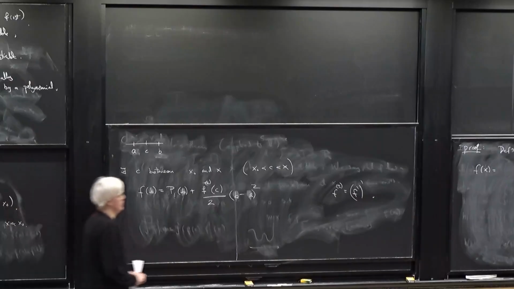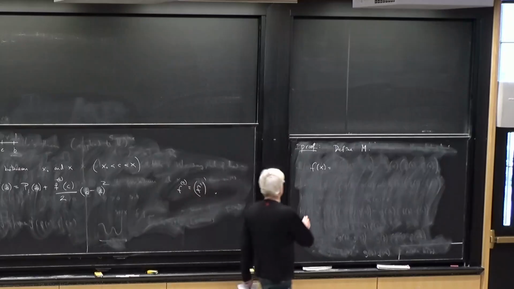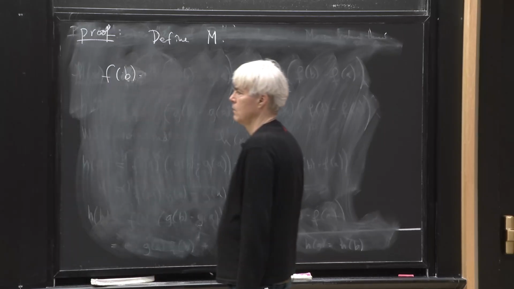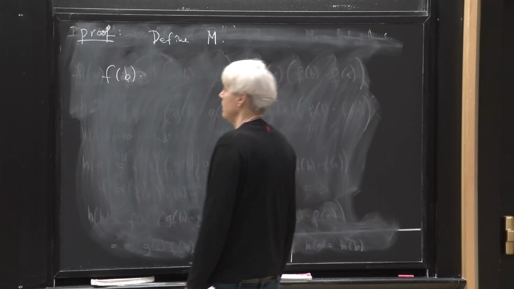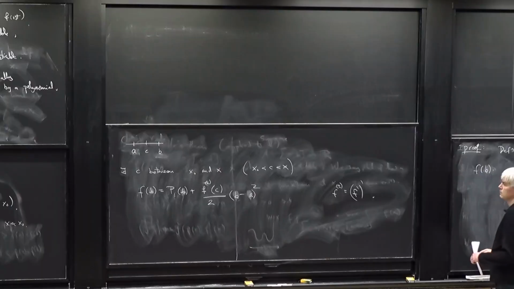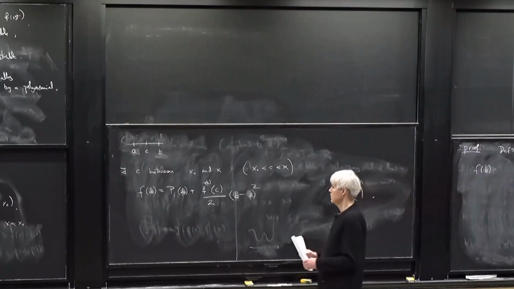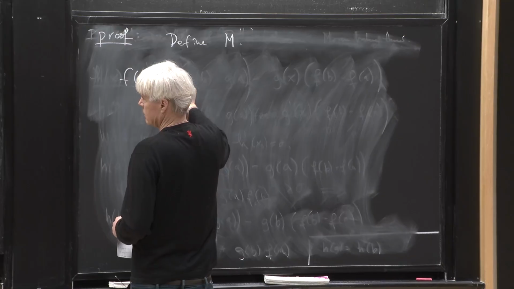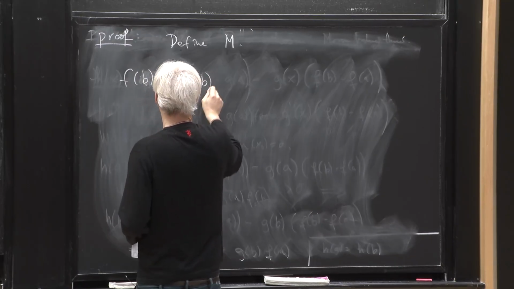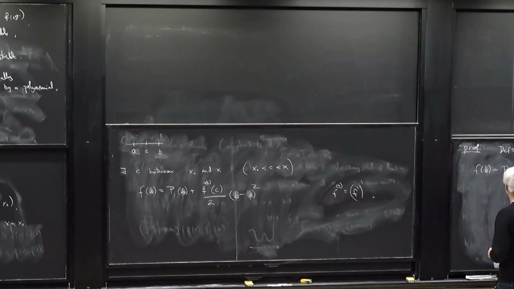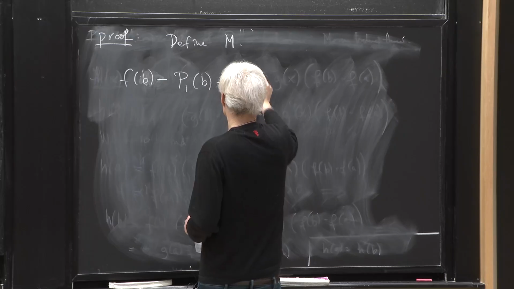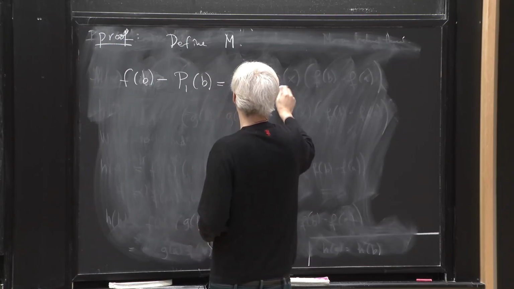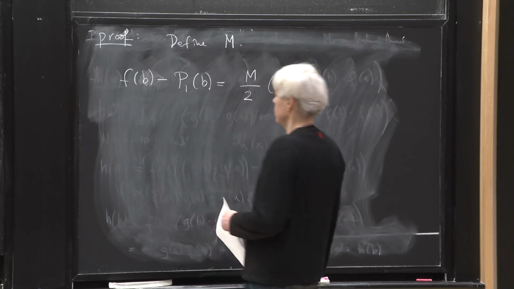Now, to prove it, we look at f of B, and we subtract P1 of B, and we define M so that this difference is M over 2 times B minus A squared.